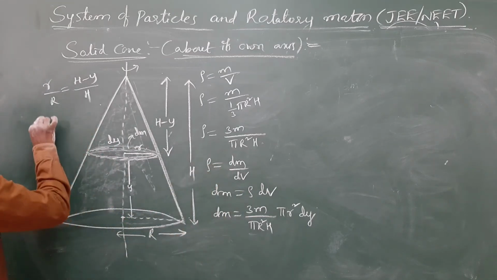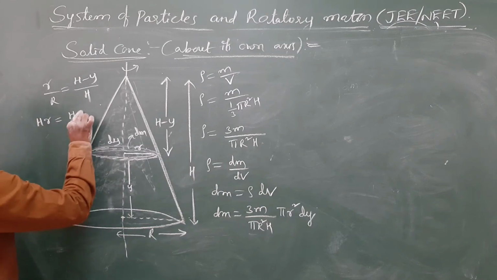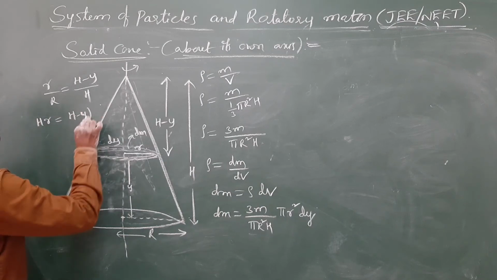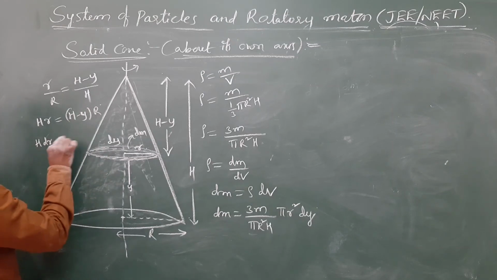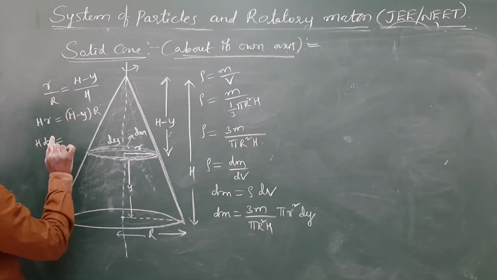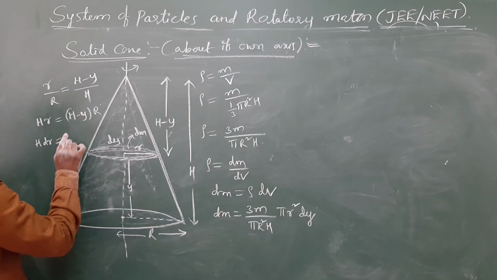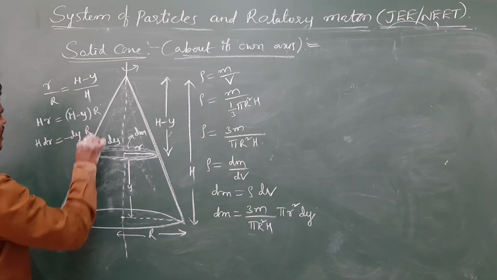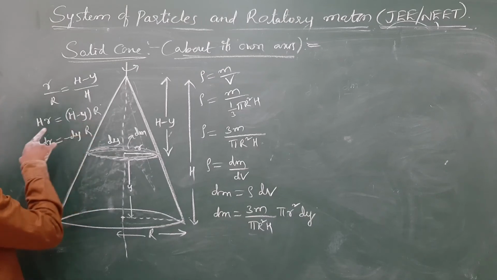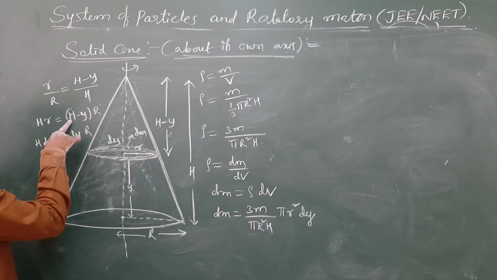Then we do one thing: h minus y into r. Apply the derivative on both sides. This is h into dr. H is a constant and y is variable, so minus dy into r. H is a constant, so dr, and this is 0.